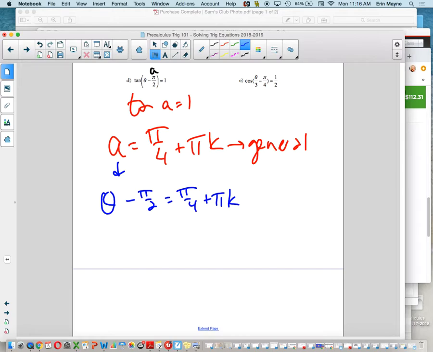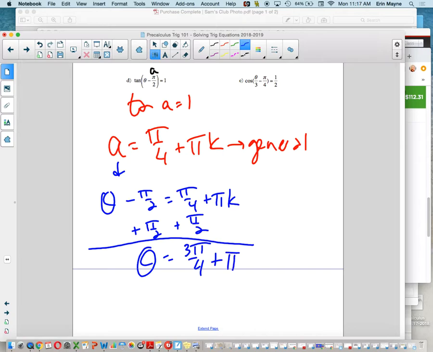What's my next step? Okay, so now here's where it gets a little dicey. When I add a phase shift, does that change my period? No. So my theta is how much? 3 pi over 4 plus pi k.